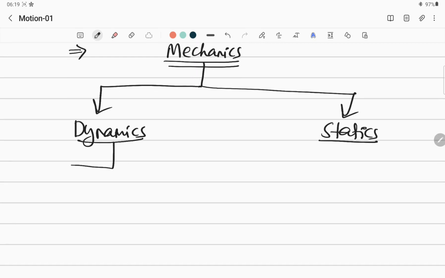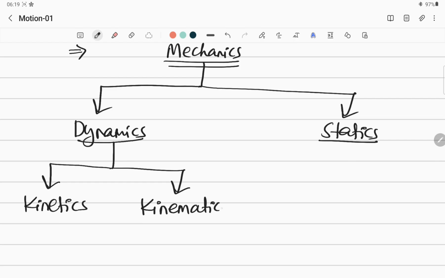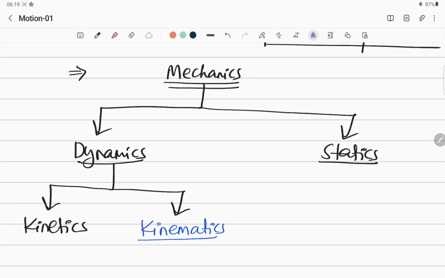This dynamics is again divided into two parts. One is kinetics, and the next one is kinematics. In the motion chapter, we are studying kinematics. Now you must be thinking, sir, what are these words? What is mechanics, dynamics, kinetics, kinematics, statics? These entire things will be discussed in 11th class.